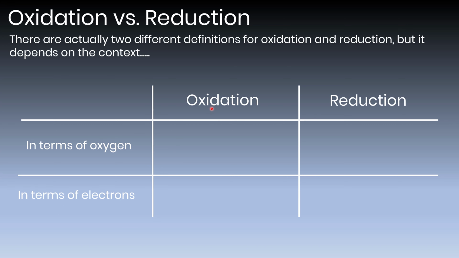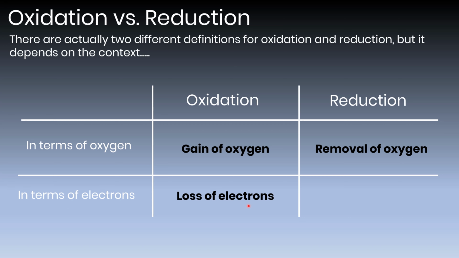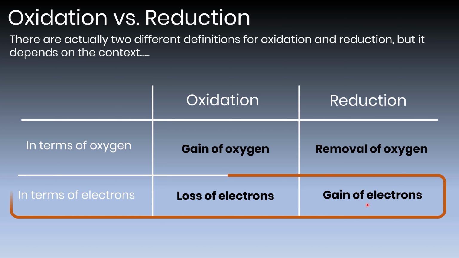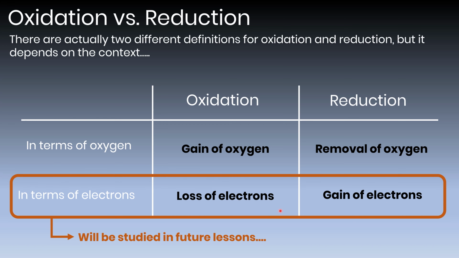In terms of oxygen, as I've just described, oxidation is the gain of oxygen, and reduction is the removal of oxygen. If we were asked about this in terms of electrons, though, oxidation is the loss of electrons, and reduction is the gain of electrons. Don't worry too much about oxidation and reduction in terms of electrons yet, because we're going to look at those in a future video.